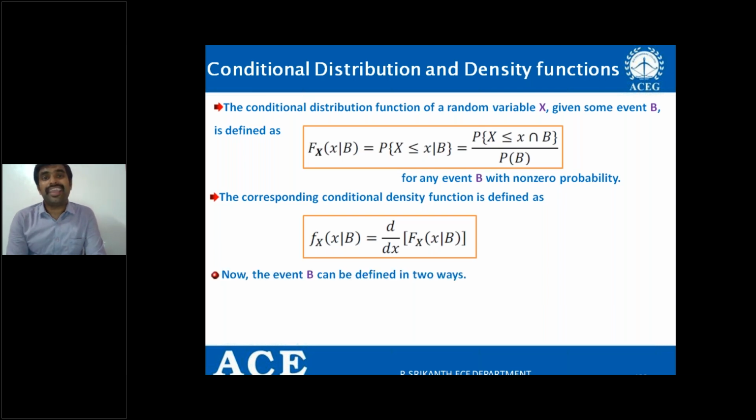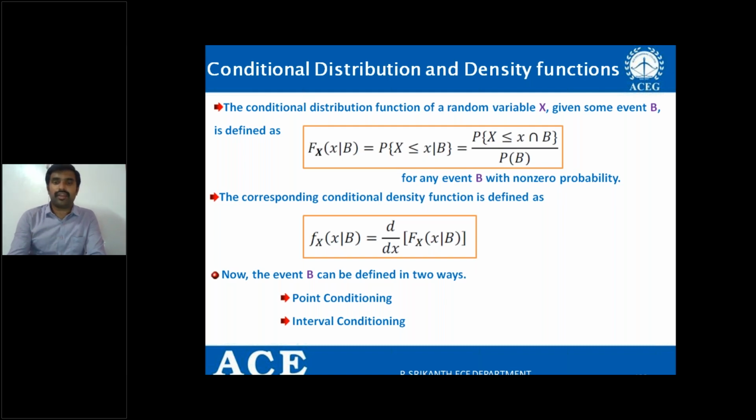As I said, you can define the event b in two ways: one is point conditioning, the other is interval conditioning. Remember, in the single random variable scenario b is an event selected by the same random variable x, whereas here b is an event defined by using a different random variable.